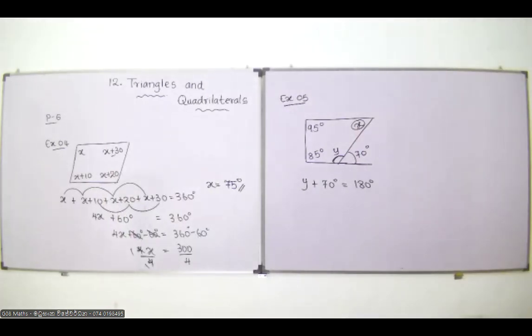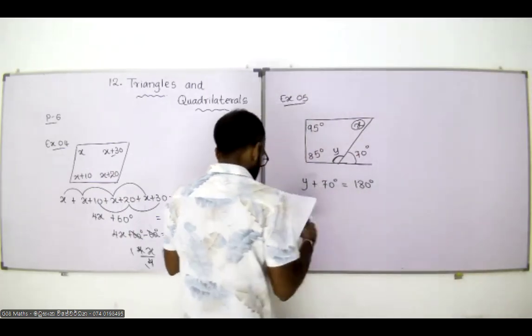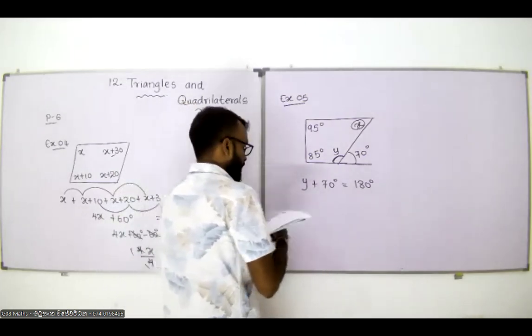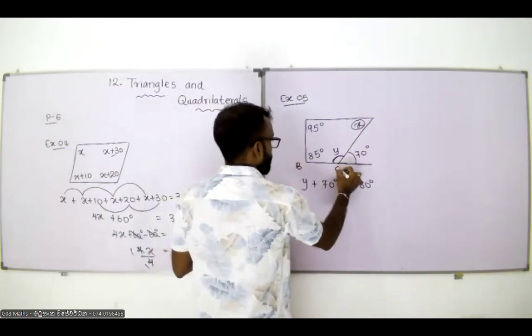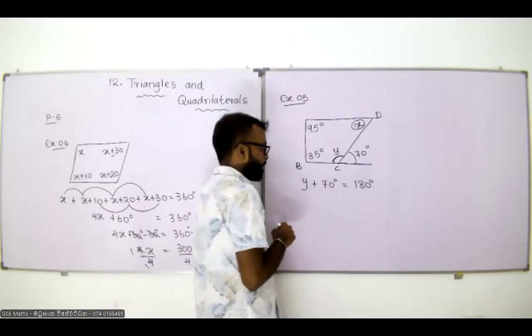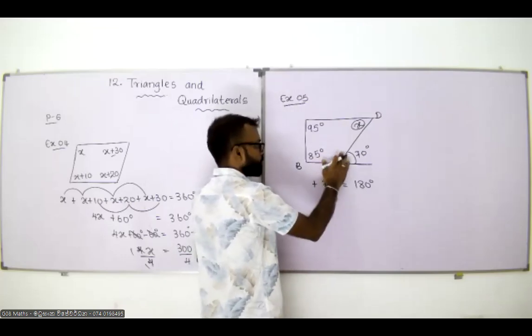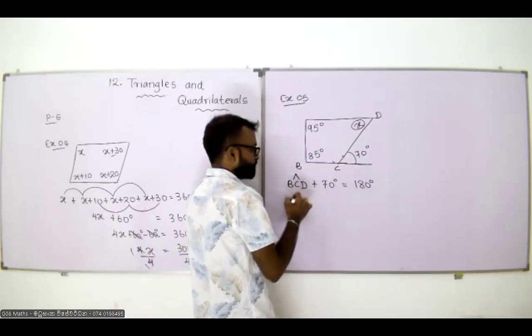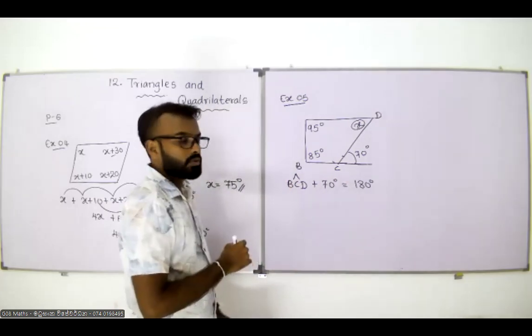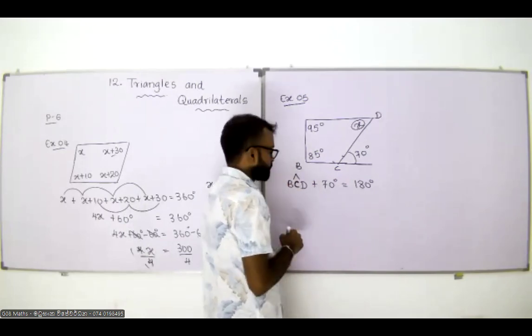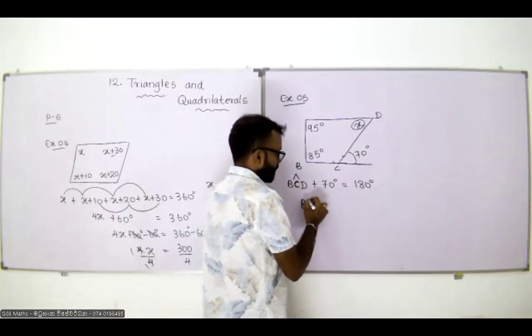So you can write the BCD angle: here you have B, here you have C, here you have D. Understood? So instead of y, if you want, you can use the BCD angle, with the hat on top of C.